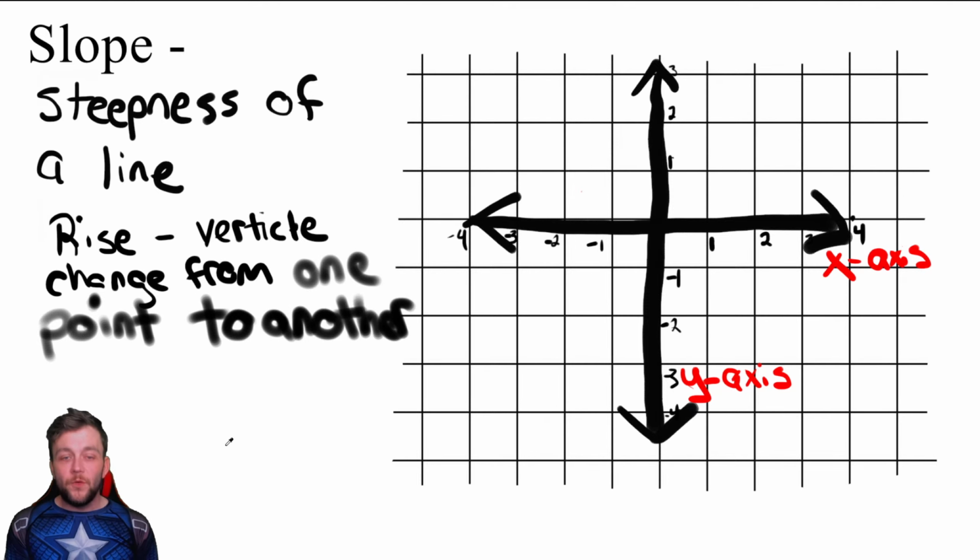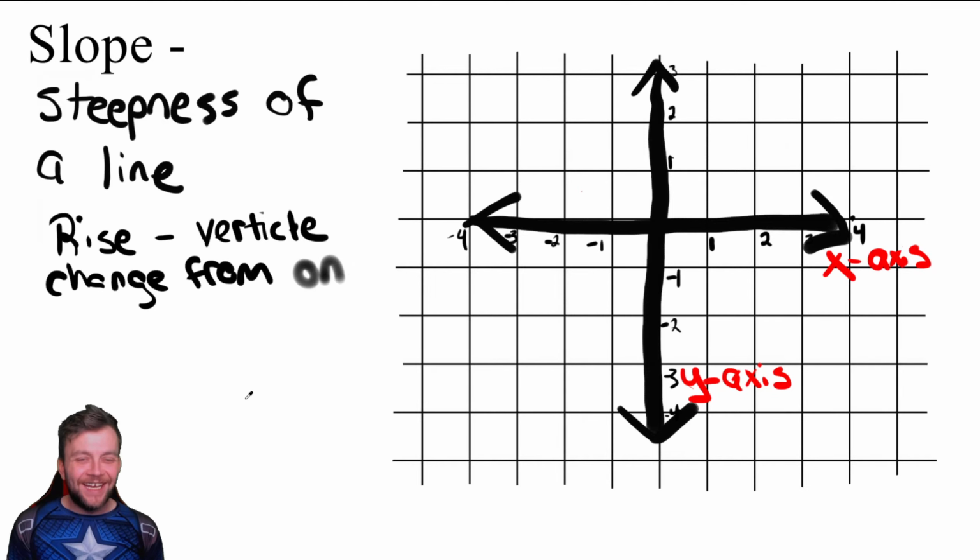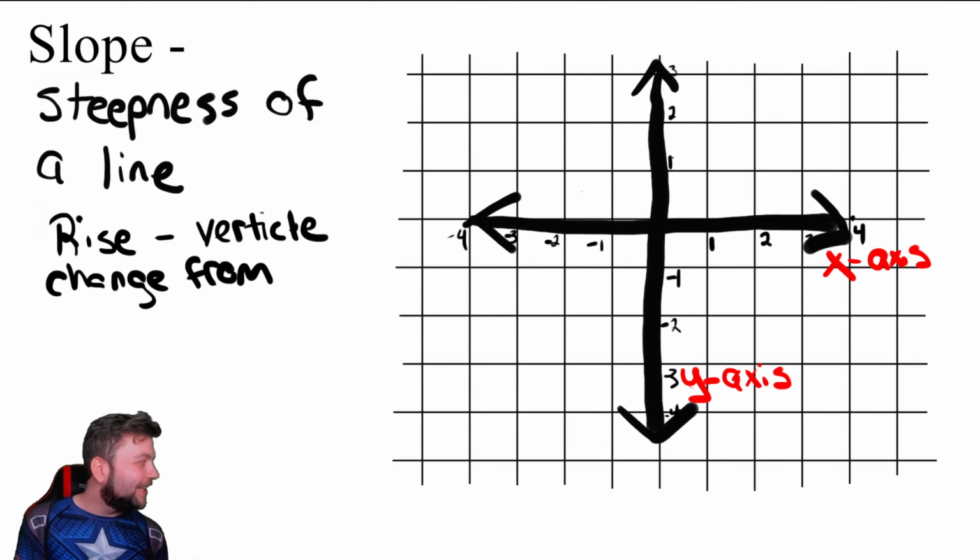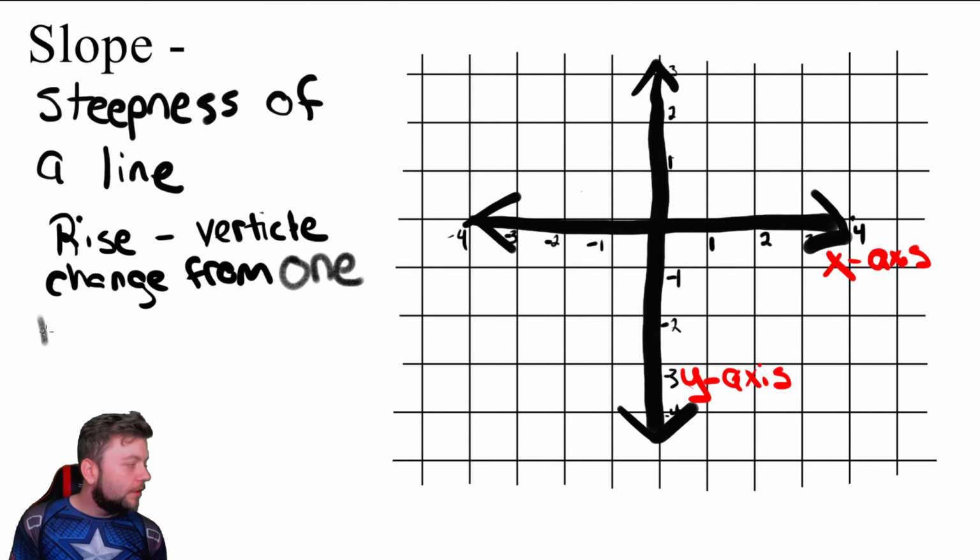That still looks so gross. Hang on, I need to rewrite that. We'll go with a sharp pencil. Hey, that looks a little bit better. One point to another on a line.